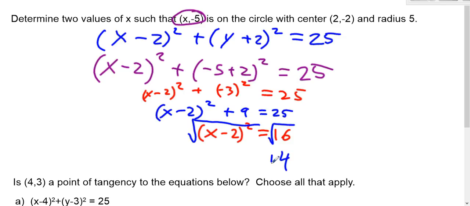So it could be a positive 4, or it could be a negative 4. Both of those are correct. 4 squared is 16. Negative 4 squared is also 16. So we square rooted to get this x minus 2 by itself, but it creates two really simple equations, one with a positive 4 and one with a negative 4.